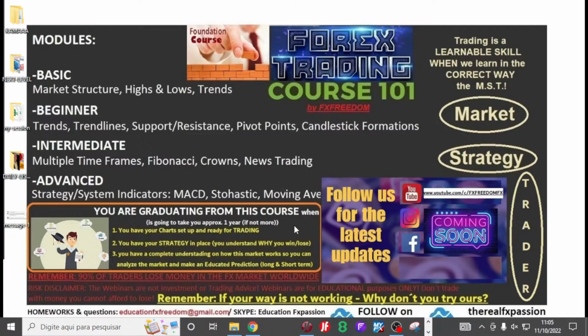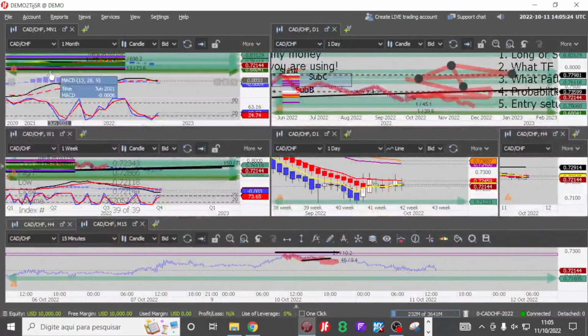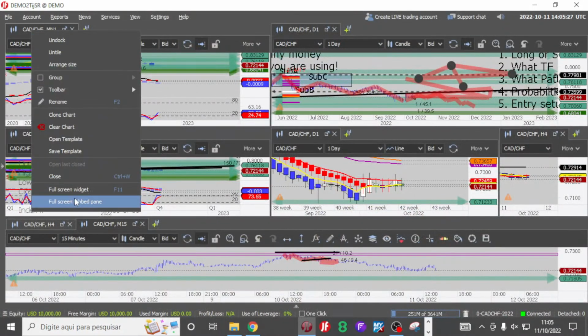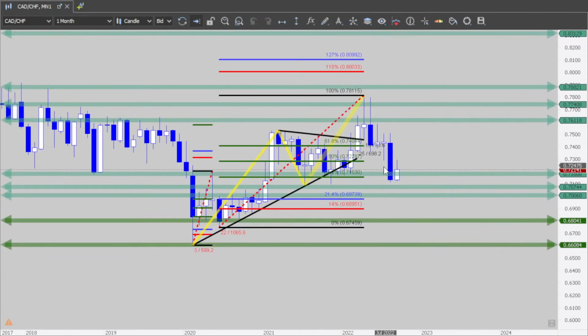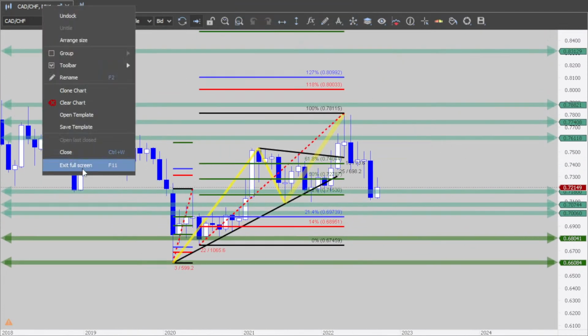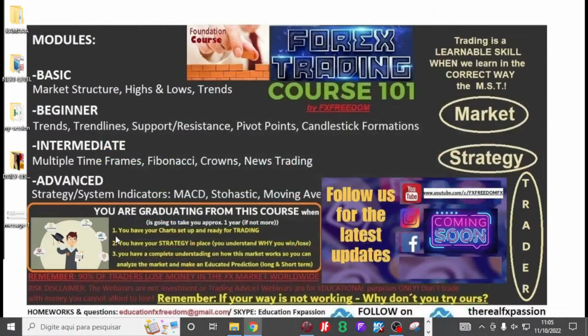This is not that difficult, right? Having your chart set up and ready, it's just, you know, choose what you like, talking about the indicators, the tools, and just build your charts. Number 2, have your strategy in place. You understand why you win, why you lose. We are going to talk about this one today.